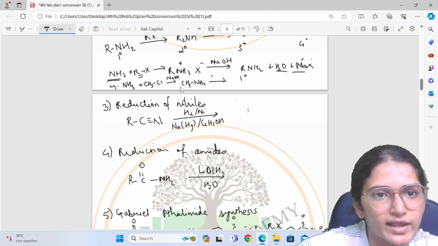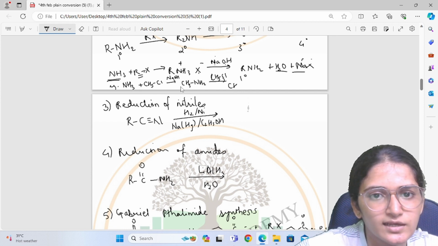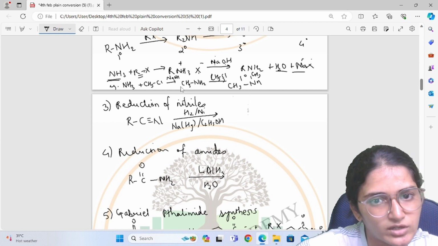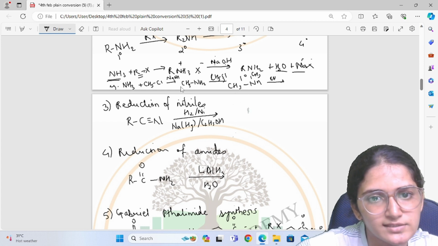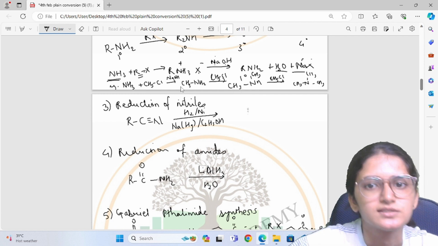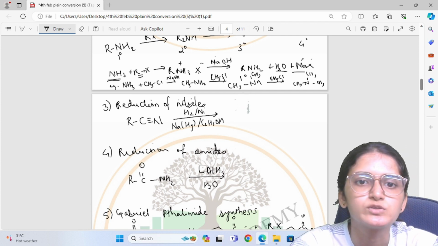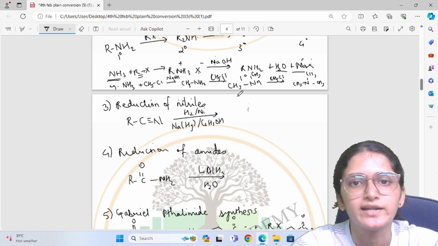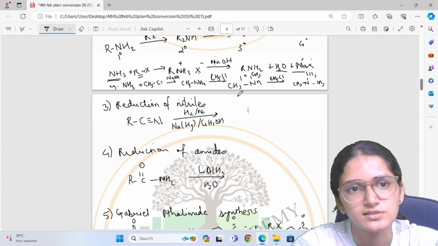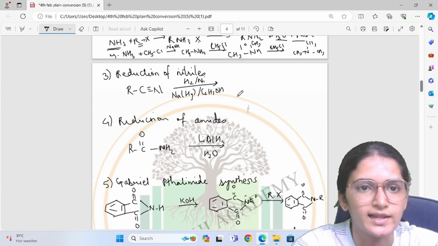Then if I again add CH3Cl, I will get CH3NHCH3, a secondary amine. Again if I add CH3Cl, I will get (CH3)3N, a tertiary amine. So we get these groups when we keep adding the same alkyl halide. This is a simple reaction of alkylation of alkyl halides.